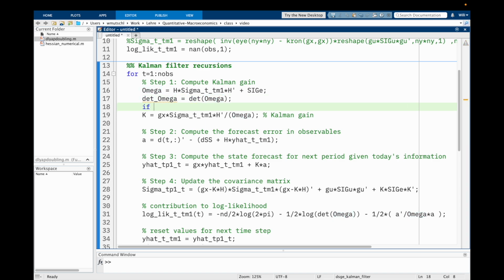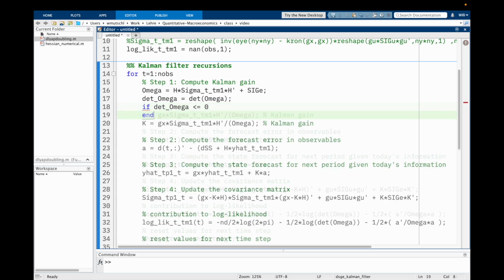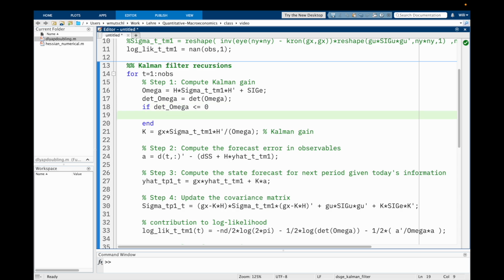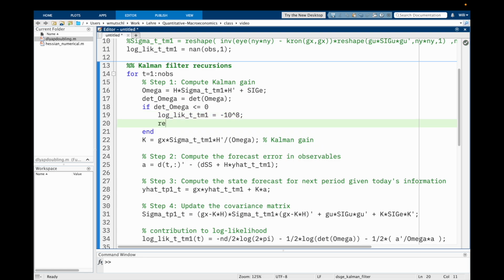And if this one is negative or 0, it's not positive definite, okay? Then I'm going to catch this and do something very simple. I'm going to put a penalty term on my log likelihood. Let's put a minus 10 to the power of 8 and return, stopping the iterations.